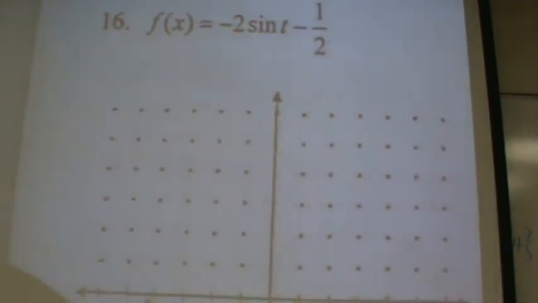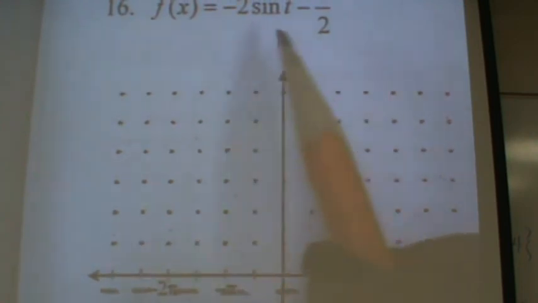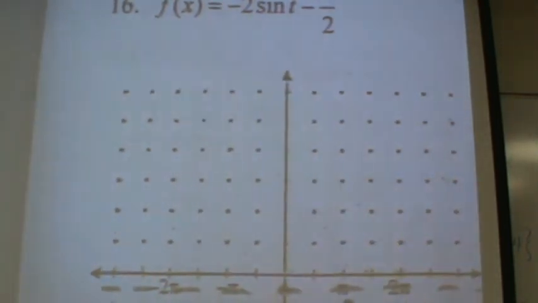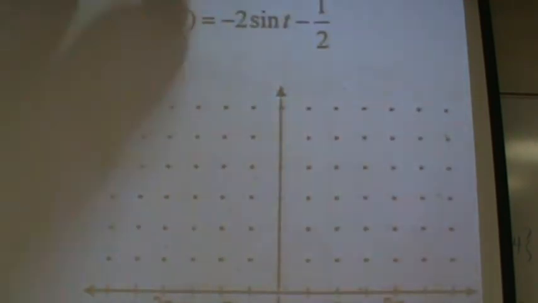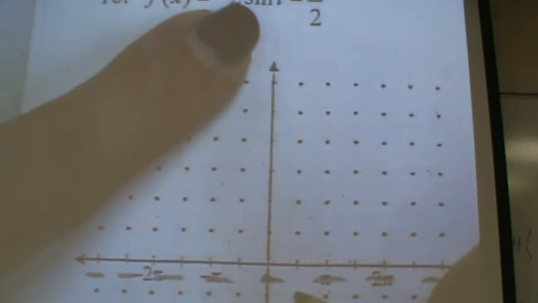Next one, you're going to start at -1/2. And it's an upside down sine curve. So you have to go 2 units. So if this is -1/2, to go upside down 2, that's a half.